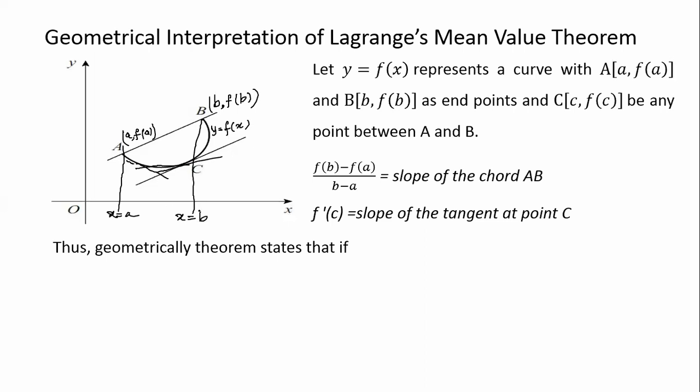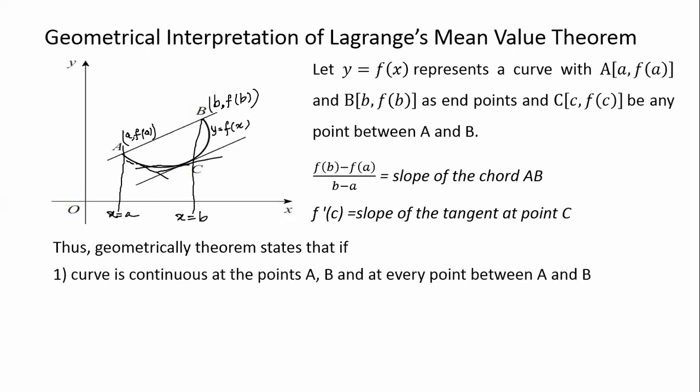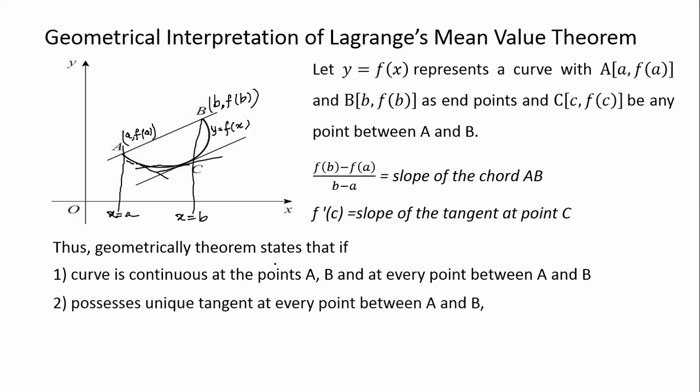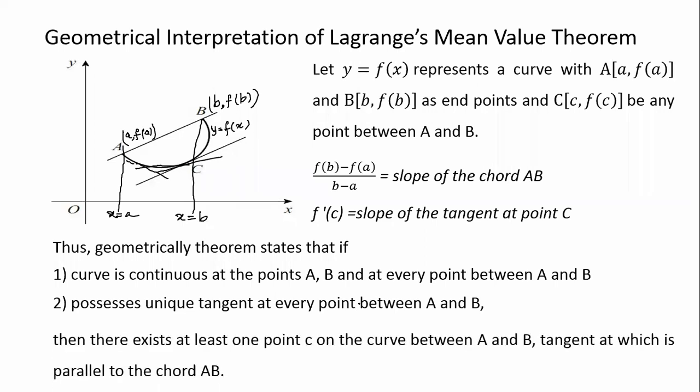Thus we can say that if the curve is continuous at the points A, B, and every point between A and B, and possesses a unique tangent at every point between A and B, then there exists at least one point C on the curve between A and B such that the tangent drawn at that point will be exactly parallel to the chord.